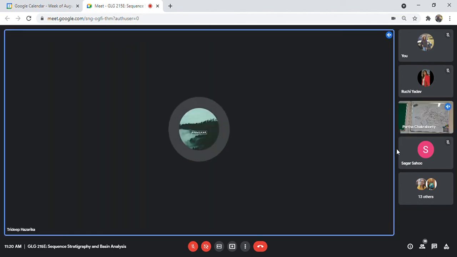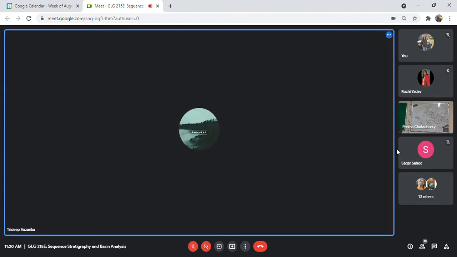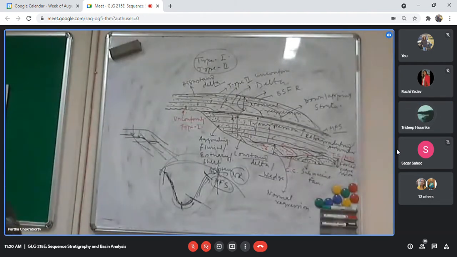How do we define the equilibrium profile, as we have discussed in the previous class? Yes, the equilibrium profile is an idealistic profile. Any equilibrium profile can be for anything. It can be an equilibrium profile for a fluvial system, for a coastal system, or a wave equilibrium surface profile.